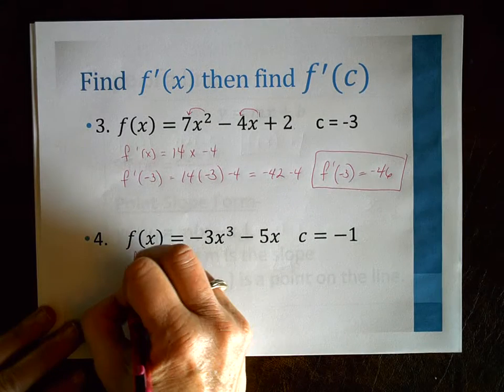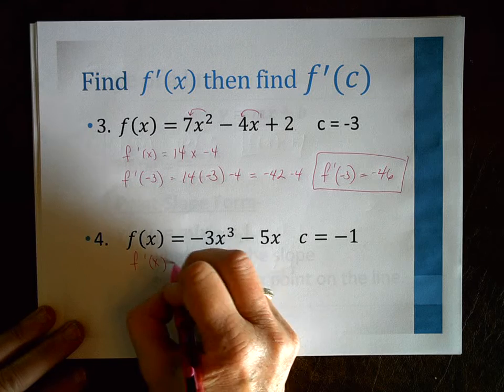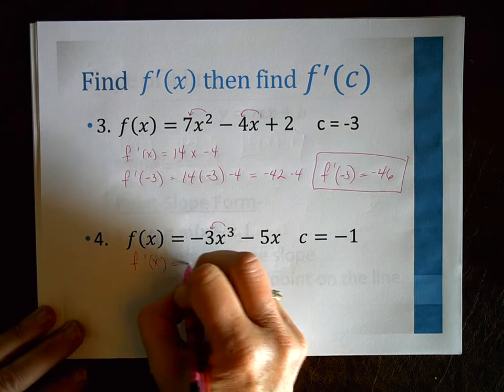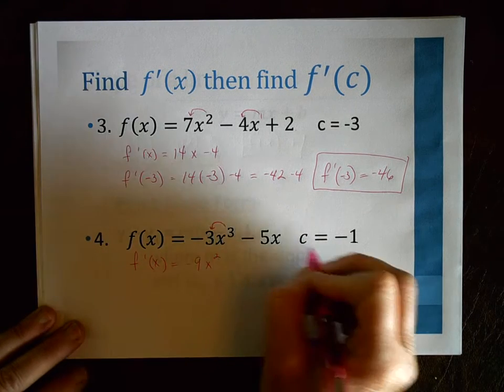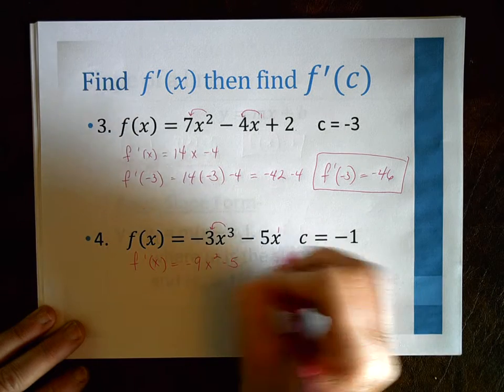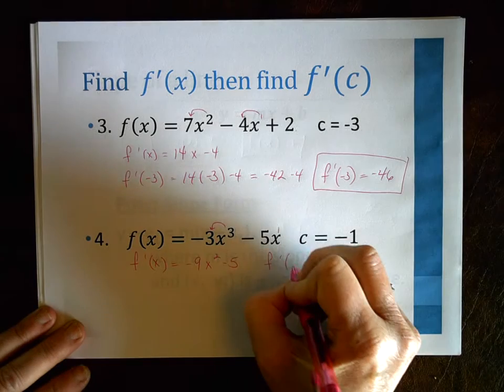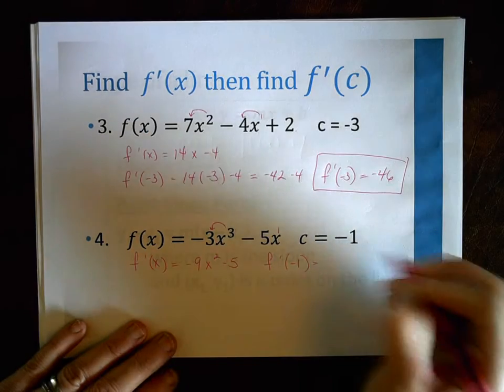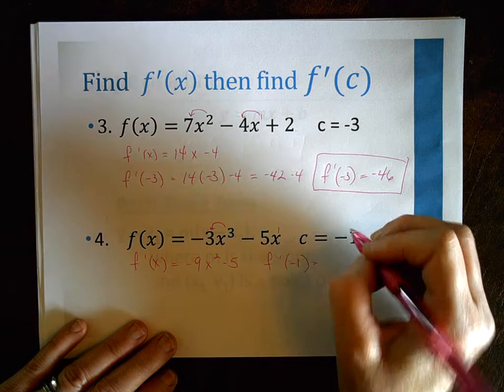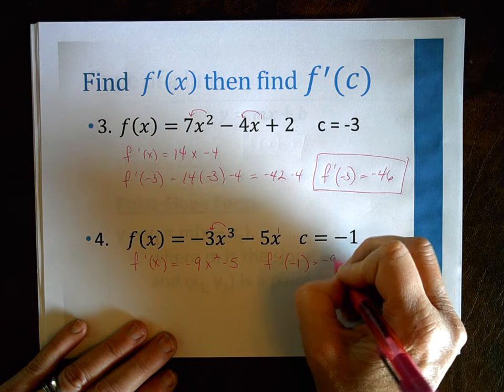Same thing for this one. Find the derivative. Power rule. That'll be -9 x squared goes down 1. -5 x 0. And then again you're going to plug in -1, because you notice this doesn't have f prime of -1 there. So plug it in.